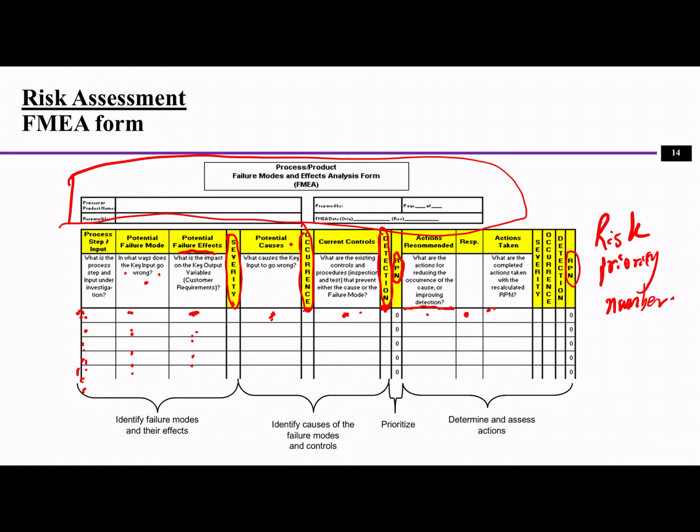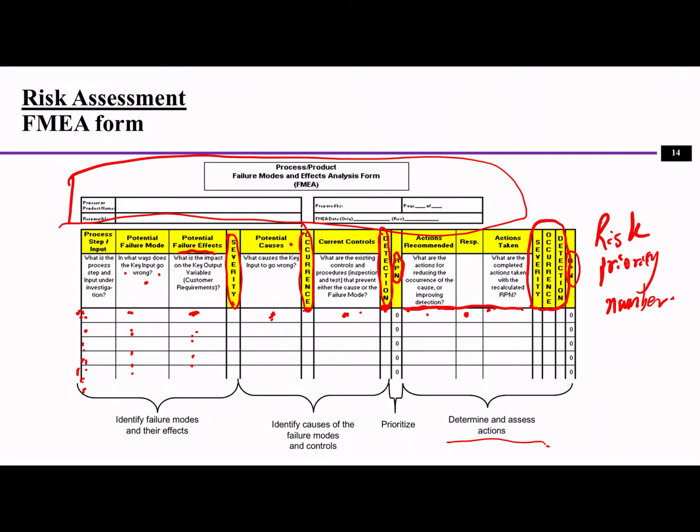Then after you do the actions, you can calculate again the severity, occurrence, and detection after you implement the actions. So this is another component of the FMEA form.